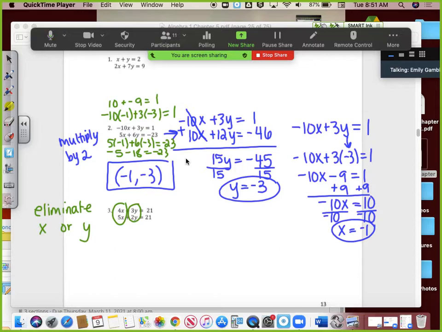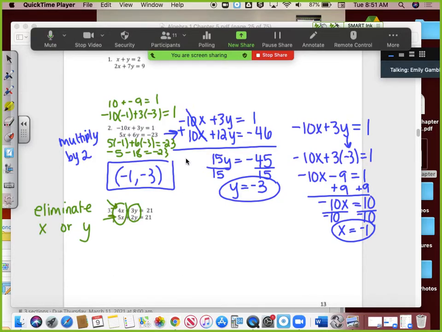In the previous problems, I was able to turn one of the variables into the other by multiplying by 2, by 3, or by negative 2. In this case I cannot, because I cannot get from 4 to 5 by multiplying 4 by a whole number.